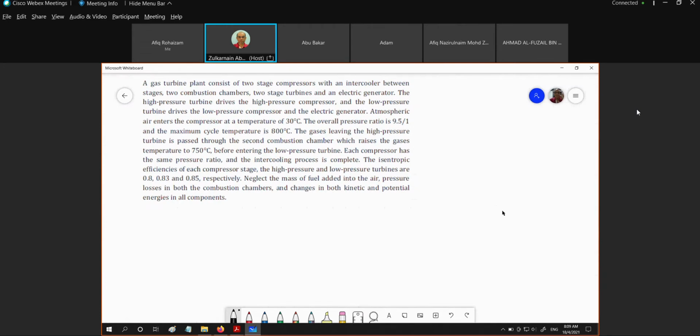I mentioned before, the most important thing for a gas turbine plant, in order to analyze the problem, the first thing that we need to do is to look at the schematic diagram.